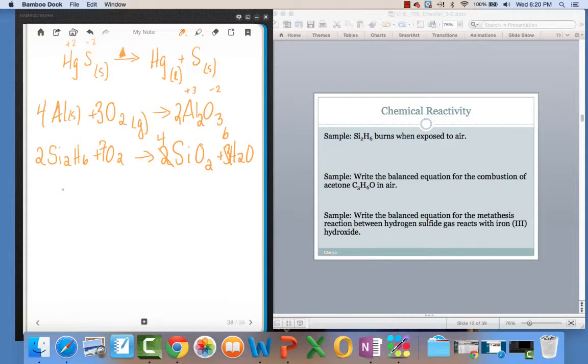Write a balanced equation for the combustion of C3H6O in air, which is acetone, C3H6O plus oxygen. And since it's all organic, it's going to just be CO2 and water. But we have to balance it. So I've got 3 C's, 3 C's, 6 H's, now I have 6 H's. 3 times 2 is 6, plus 3 O's is 9.